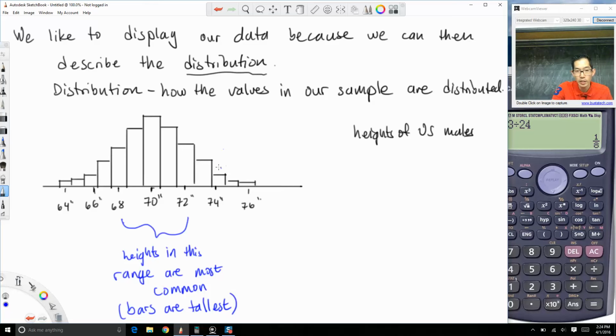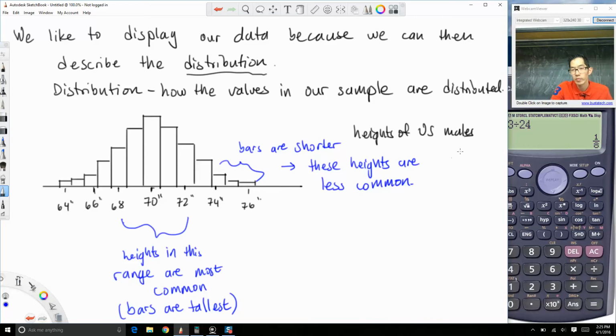Okay, and then out here, the bars are shorter, indicating that these heights are less common. Okay, same thing down here.